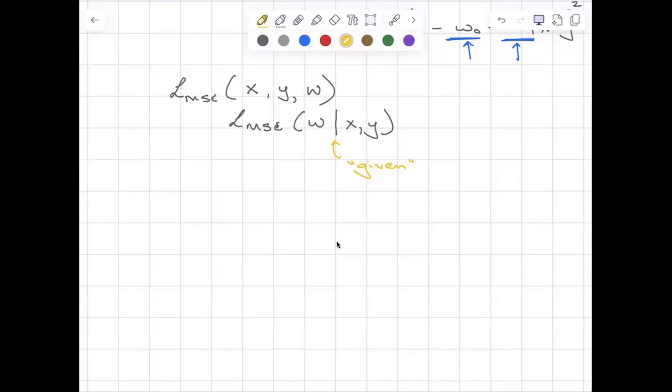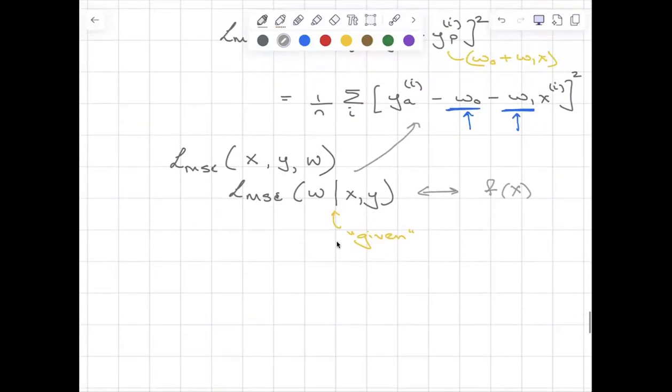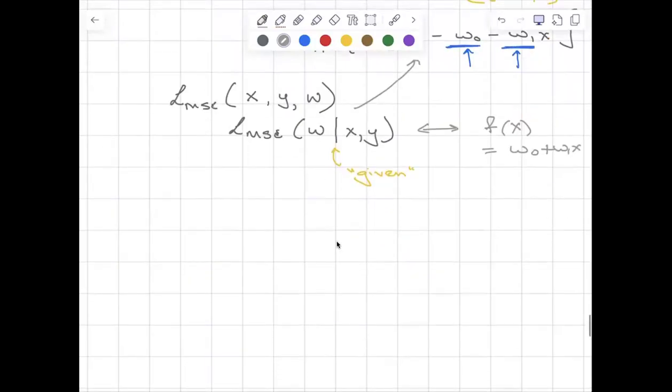I have this loss as a function of W, and corresponding to this I have what should I call it? Let me just call it f of x. And so this loss is this function. f of x is what? W0 plus W1x. So I shouldn't write f of x. I should say f of x given W.